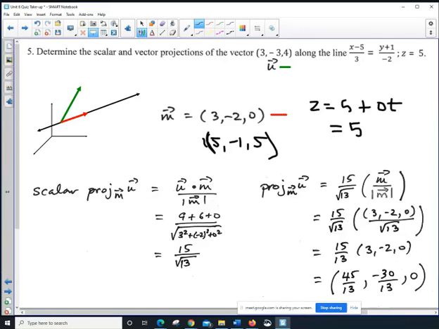So in this case, did you say that the point is just on the line? Well, the point that's on the line, which I don't need to use, would be (5, -1, 5), but I never need to use the point on the line. What I need to use is this vector u, and I want to project it onto this line. But the formulas that I have are projecting a vector onto another vector. So I need a vector that represents the direction of this line. A perfect candidate for a vector that has the same direction as the line is the direction vector.